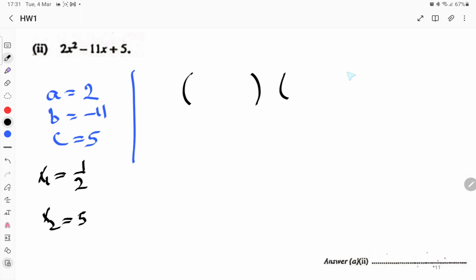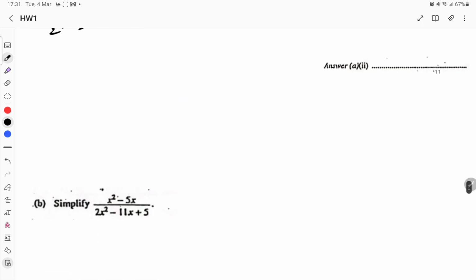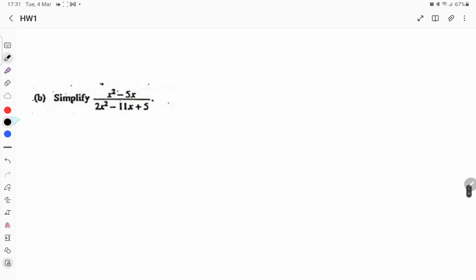You can do them in brackets, x, but there's a 2 beside it, -1, because we changed the sign of the numerator. And then here I have x, instead of +5 is gonna be -5. Very good.